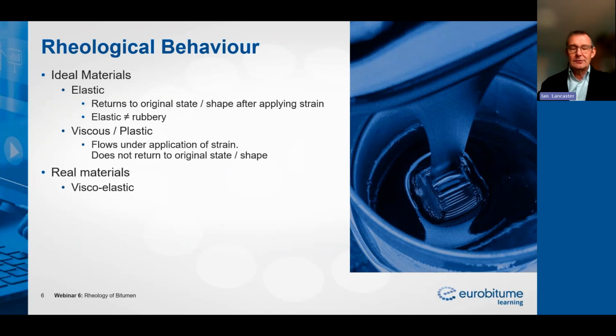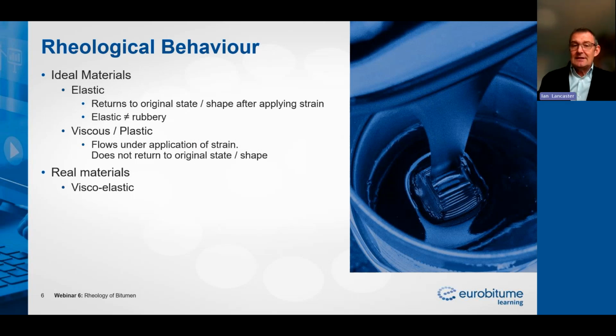It's very important that you don't confuse elastic with rubbery. It isn't. It doesn't really mean that. Elastic behavior means the material returns to its original state immediately after a strain has been applied to it. It doesn't take any time to recover.